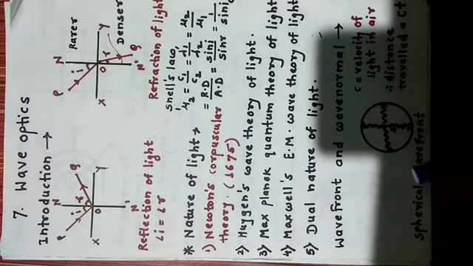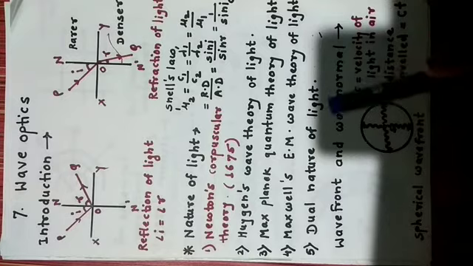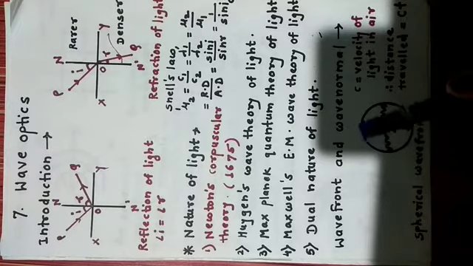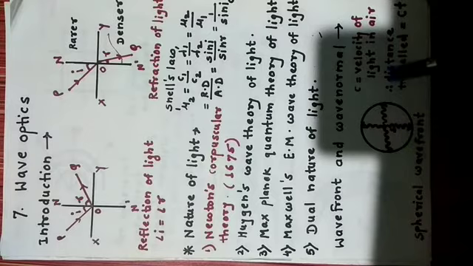The second is that we can easily explain the simultaneous reflection and refraction of light waves. And a very important merit of this theory is that Huygens proposed that the velocity of light in a rarer medium is greater than that in a denser medium, and nowadays this is accepted.